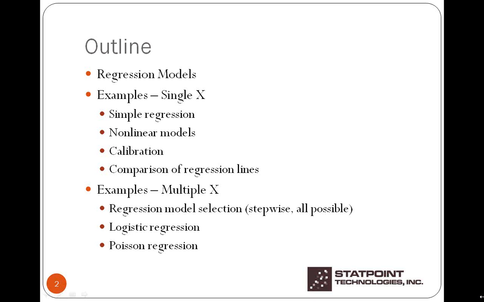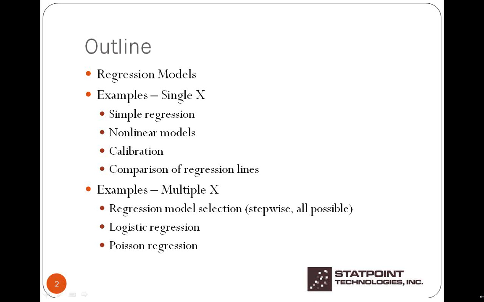As far as a single X is concerned, we'll talk about simple regression, which is an important procedure in Statgraphics for fitting linear and transformable nonlinear models involving one Y and one X. We'll talk about the nonlinear regression procedure, where you can actually type in any function, be it linear or nonlinear, and have the procedure do a nonlinear least squares search for the optimal parameters.